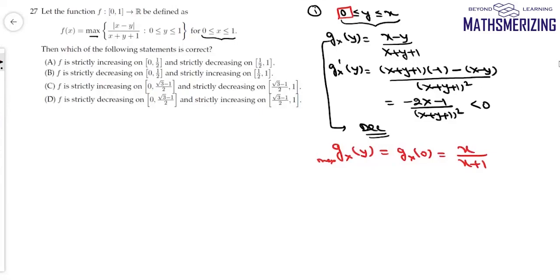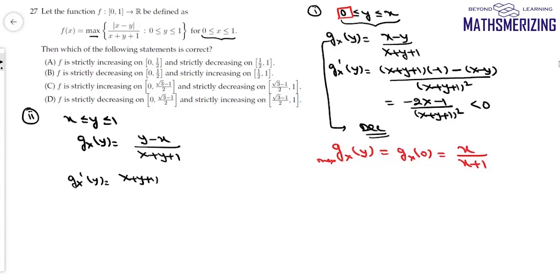Now I'll take the second case, when x is less than y and y is less than or equal to 1. In that case, this function of y is given as, now since y is greater than x, I'll write it as (y minus x) upon (x plus y plus 1). Now if I differentiate, I'll get (x plus y plus 1) minus (y minus x), upon (x plus y plus 1) whole square.